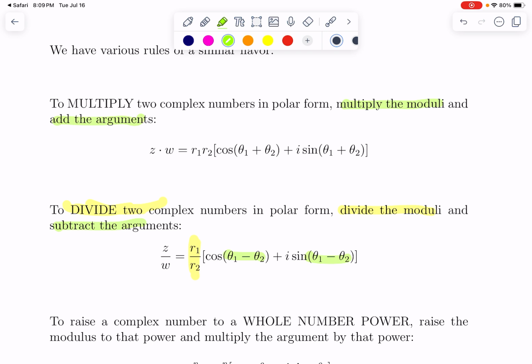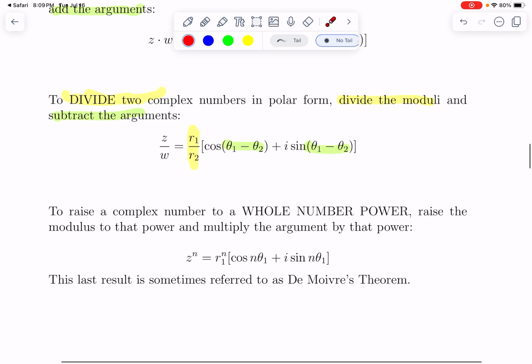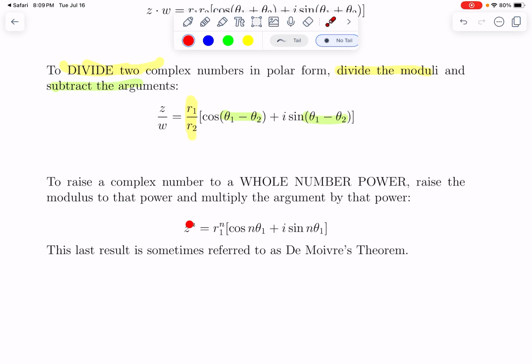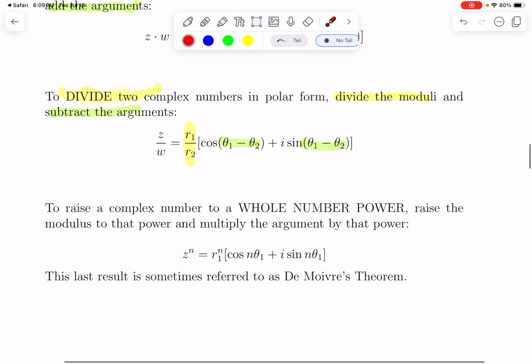What if we want to raise it to the third or fourth or fifth power? Well, that's just multiplying over and over again: r times r times r times r, theta plus theta plus theta plus theta. So if we raise something to the nth power, we raise the modulus to that power, and we multiply the argument by that power. So let's just look at a quick example here.